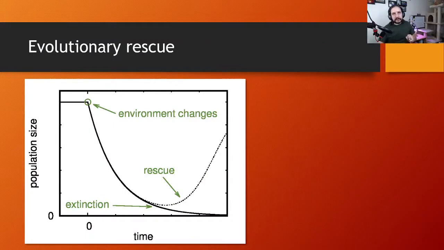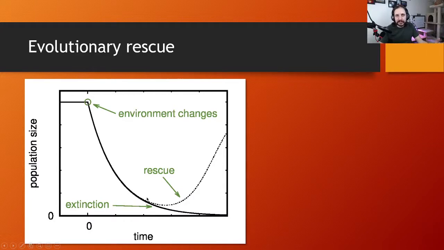Another thing is evolutionary rescue. Let's consider there is an environmental change at one point, and with this environmental change, the genetic structure of the population becomes disadvantageous, and they start to decrease in numbers and head toward extinction.